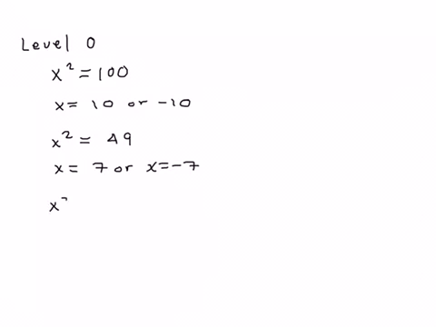How about x squared equals 64? Why don't you guys do it? You can pause the video real quick and see what you get. Hopefully you got that the squared thing has to be either 8 or negative 8. I hope you agree those were really easy. And guess what?